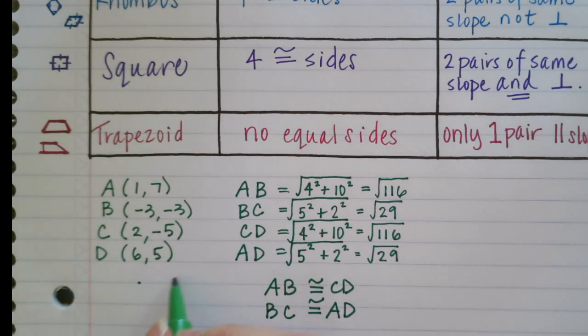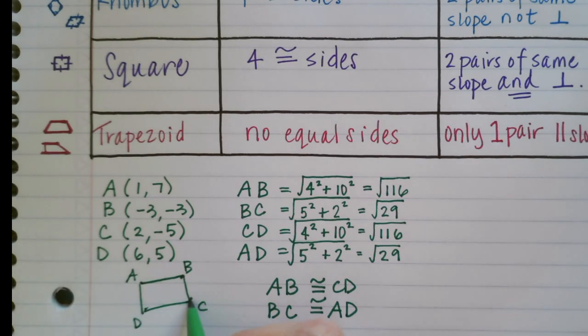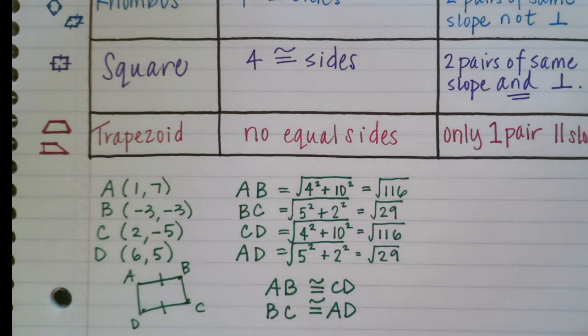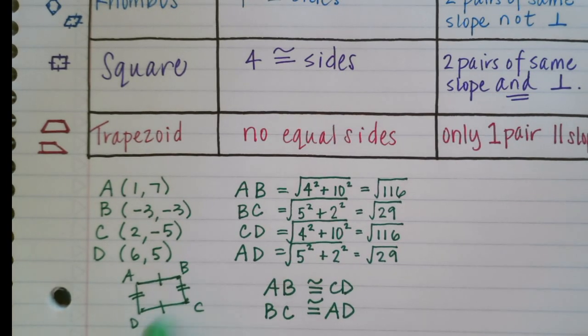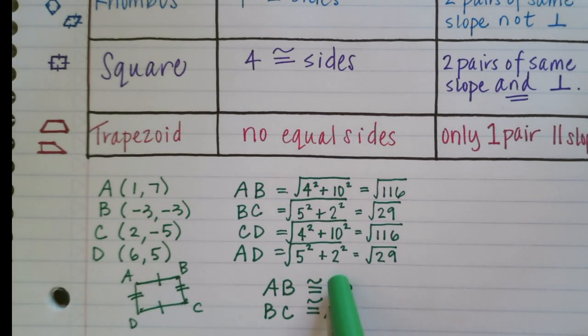If I just think of this shape, I'm just going to sketch ABCD right here like this. I know that this side is congruent to that side, and BC is congruent to AD. So far I know that this is not a square because the 4 sides are not equal, and it's also not a rhombus because the 4 sides are not equal.